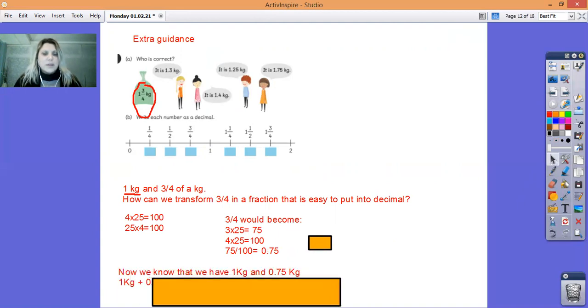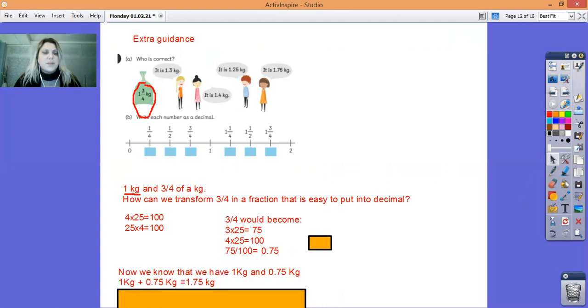Now we know that we have 1 kilo, and we have 0.75. We need to put them together, 1 kilo and 0.75. If we put them in a column method, we repeat the decimal point and the 2 zeros as placeholders to help us with our addition, because otherwise you can get a bit confused.